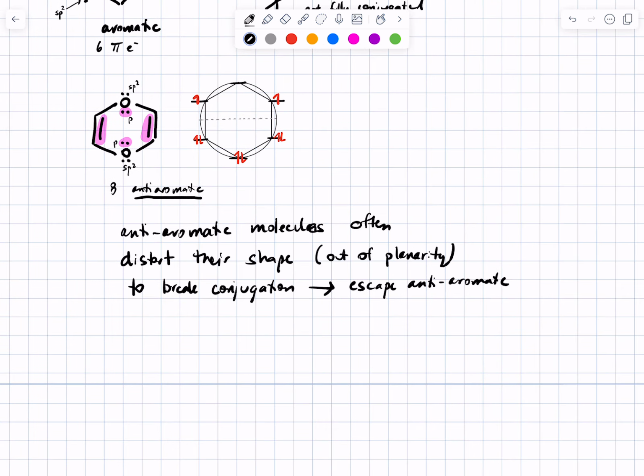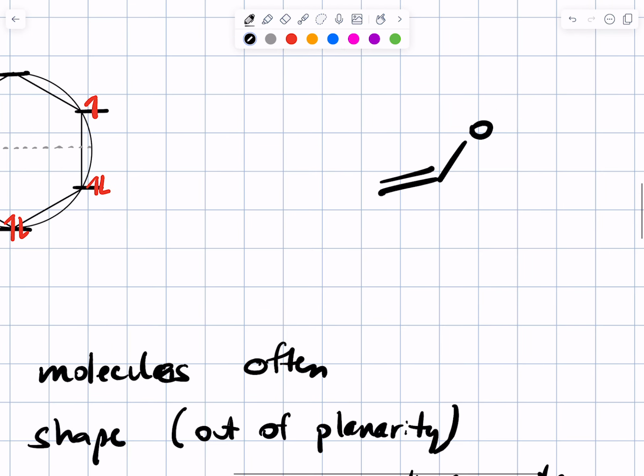An example with this molecule with the two oxygens is the two oxygens will bend up out of the plane of the ring to make this sort of pseudo boat-like structure. I'll just try again. There we go.